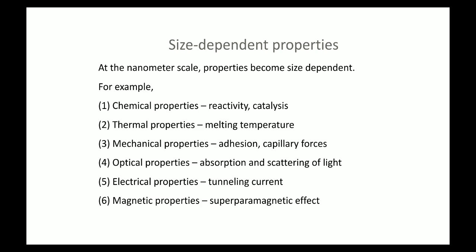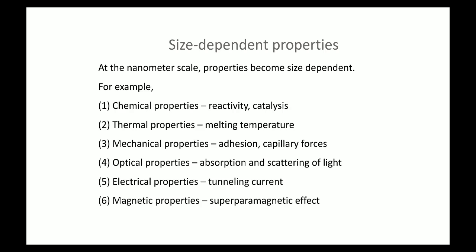Electrical properties, that is the tunneling current, is a new kind of current that we observe when the material goes to the nanoscale. We start to see the tunneling current. And in the magnetic properties, a new effect called the superparamagnetic effect is observed. At the moment I am just giving you a small feel of how many properties of the material can be changed.